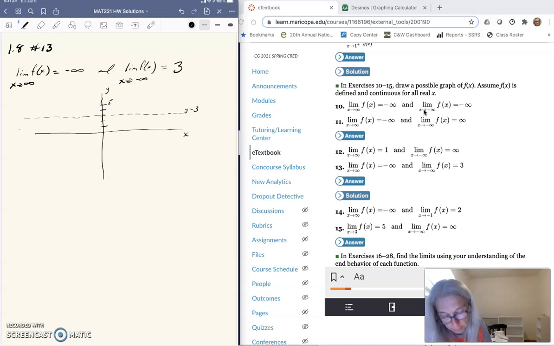Looking at the left side first, it says that as x is approaching negative infinity, the function itself is approaching this line here, y equals 3. The function is approaching the value 3. Then over here on this side, it's like we had before. The function is approaching negative infinity as the x values get larger and larger.